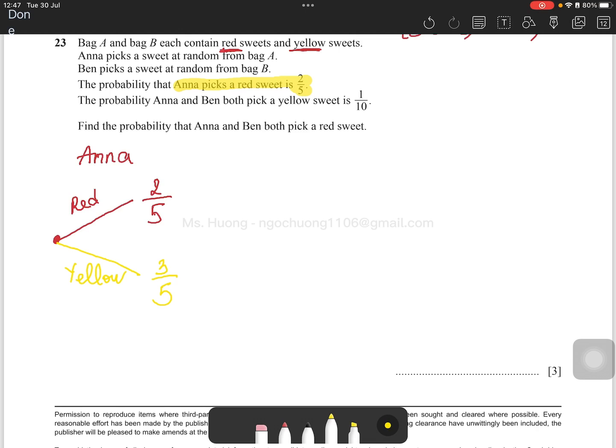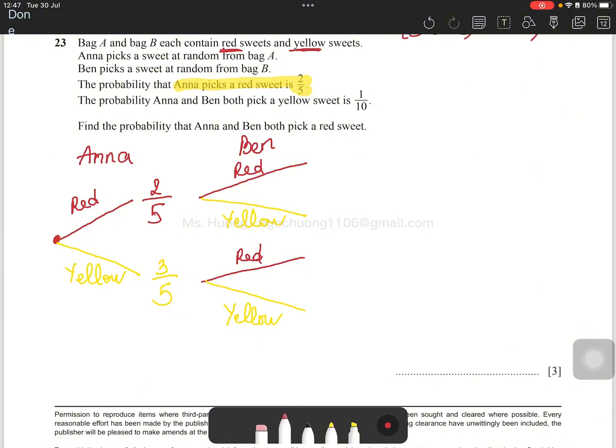After Anna picks a sweet, Ben can also pick another sweet. Ben may pick a red or a yellow sweet. And when Anna picks a yellow sweet, Ben can also pick a red or a yellow sweet. So we have 4 cases in total. And I don't know the probability that Ben picks a red or a yellow.